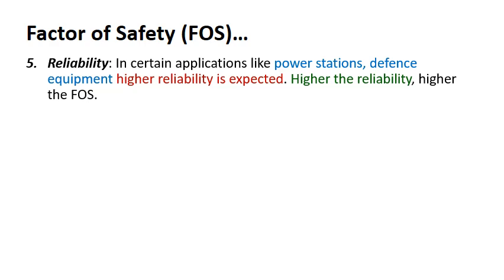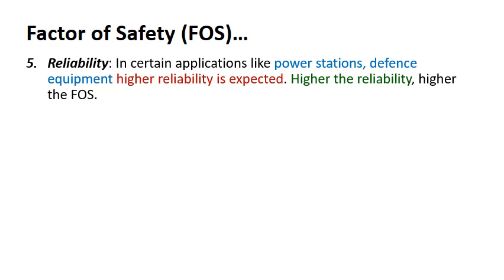And then reliability. We had seen the definition of reliability in the earlier classes. Let me reiterate it. Reliability is the probability that the product or system can deliver its function within the specified period of time safely.